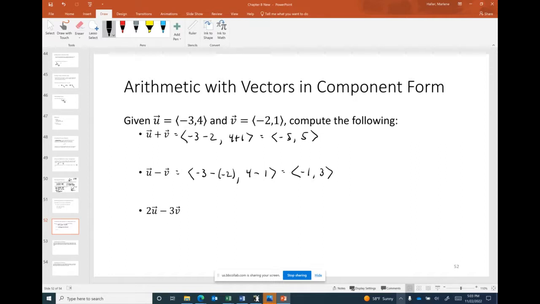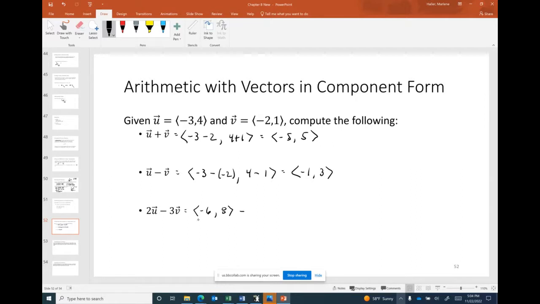Here we're going to do a couple of things. We're going to compute 2u minus 3v. I would say scale it first and then subtract them. So I want to multiply the components of vector u by 2. -3 times 2 is -6, and then 4 times 2 is 8.